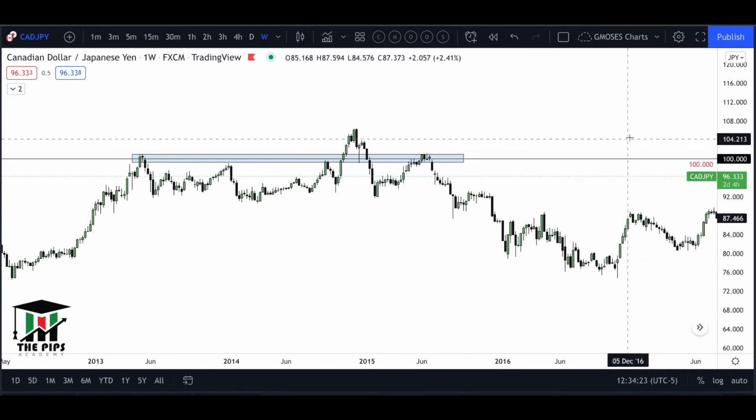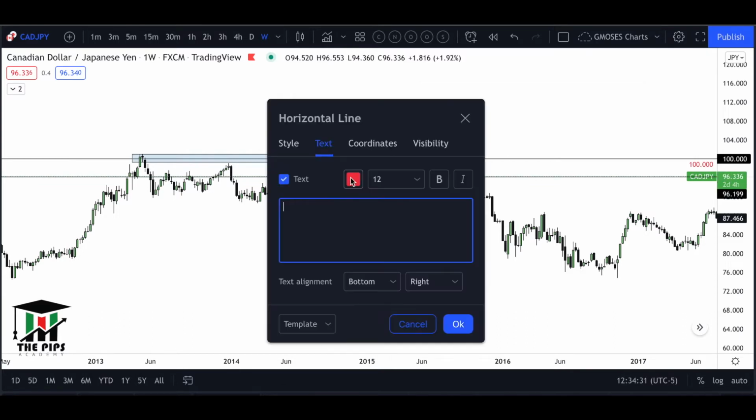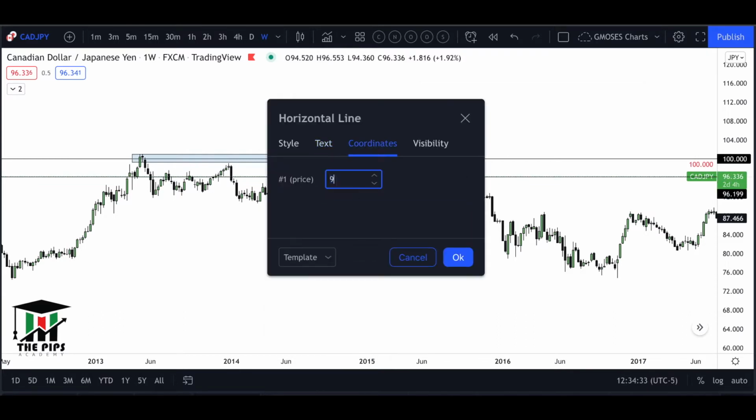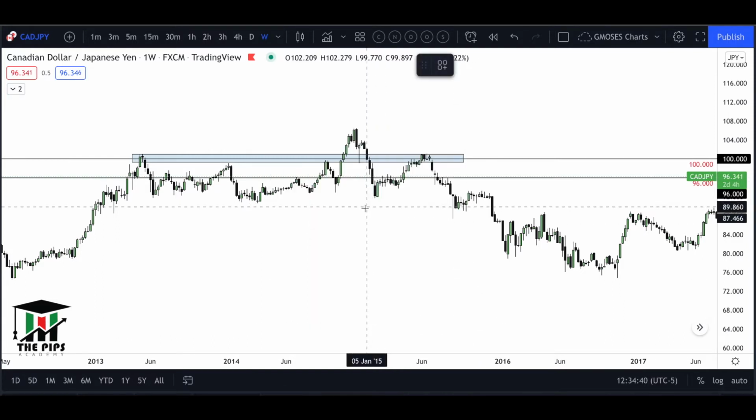So the next area that we have on here, since they're in increments of 4, let's go ahead and look at 96. Let's plot it here. Okay, we'll do 92.